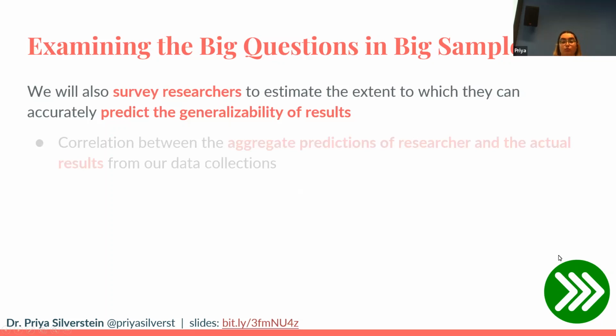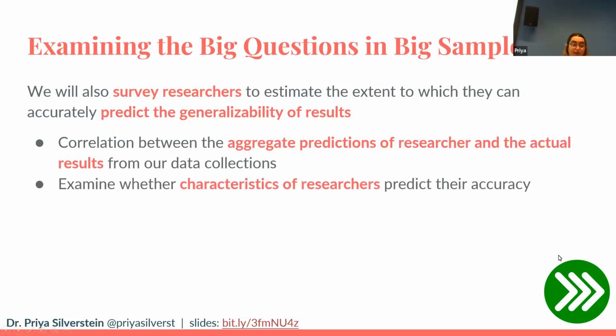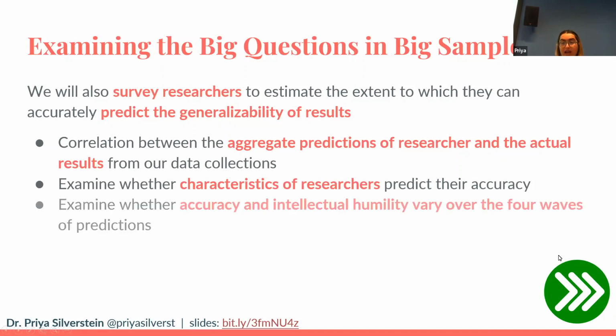So we're going to be looking at how accurate researchers are at predicting the actual results that we get about generalizability, but also whether different characteristics of researchers predict their accuracy, and also how this varies over time. Because we're doing these 4 studies, we're staggering them, so people will have access to results of some before they do their next predictions. So does accuracy and intellectual humility vary across the 4 waves of the project? We're also going to be looking at that.